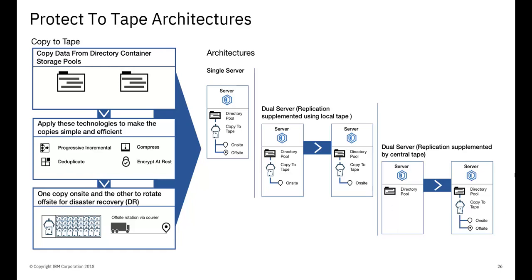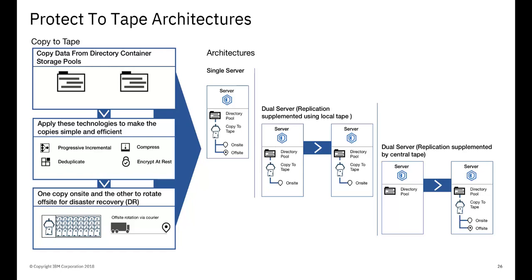And one other way you could implement this is on your primary server, you could simply replicate the data over to your secondary server and then create a copy of that directory pool out to tape on the secondary server.